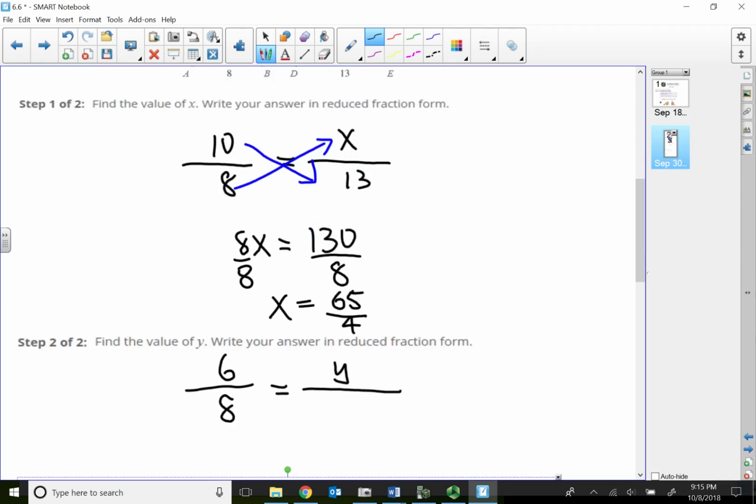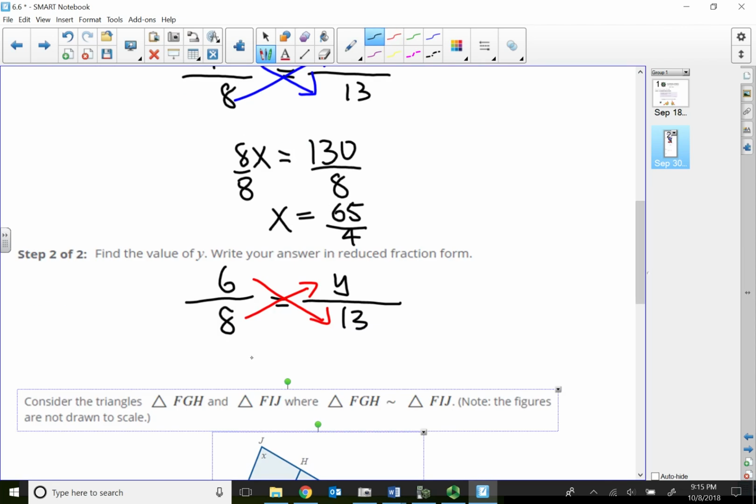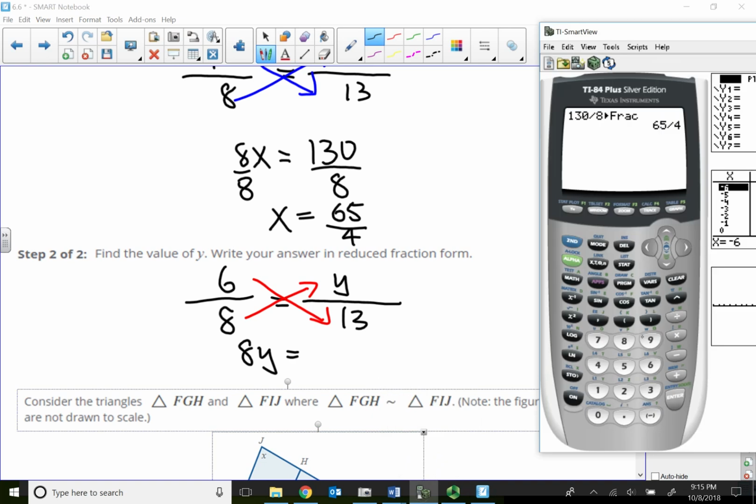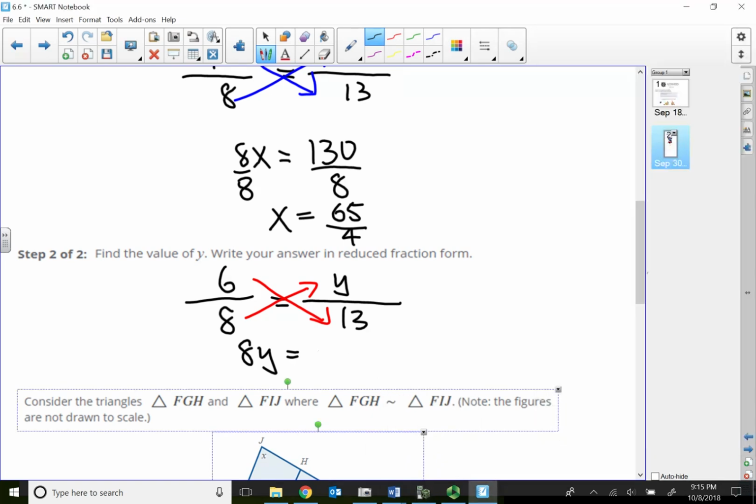Yes, I can reuse the same numbers because all the sides are proportional. So I'm going to use the numbers given to me, which are easy to work with. A little bit of cross product again: 8 times y is 8y, set equal to 6 times 13, which is 78. Divide both sides by 8.